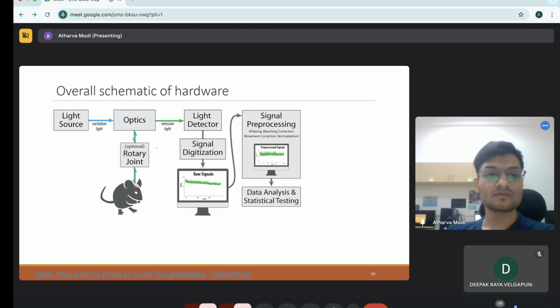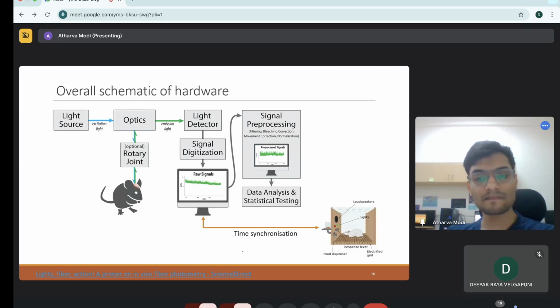What you can do is have this rat in a behavioral box. You can do any kind of test on it, and you can integrate this behavioral electronics with the photometry electronics and do the time synchronization here.